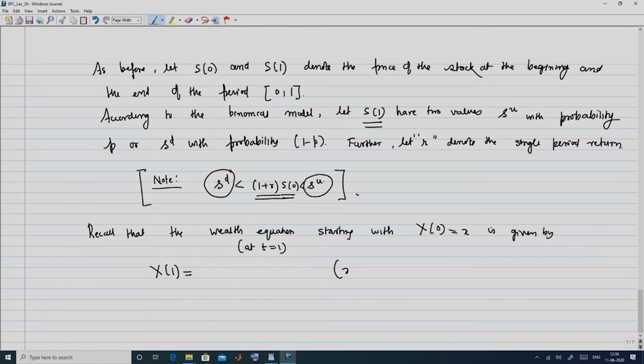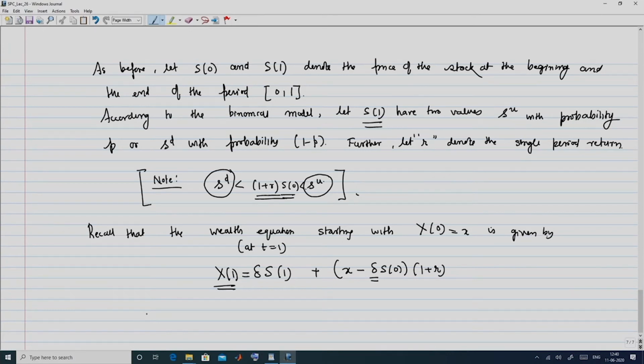You start off with an amount of x and you buy delta naught stocks whose total cost is delta into S0, and you invest the rest in a risk free asset. And this delta stock at time 1 gets the value S of 1 into delta. That is the value of the delta number of stocks at time 1, and this is equal to x of 1. Now this is like the terminal wealth.